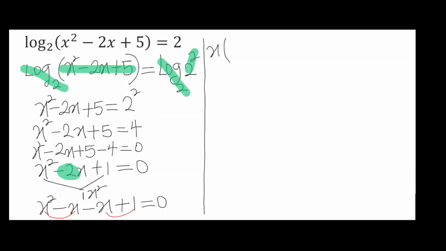So x in x squared, that is x squared divided by x, and that's going to be x. So I'm writing x. Then x in -x, we have minus x divided by x. So this is going to give me -1. So I'll be writing -1.